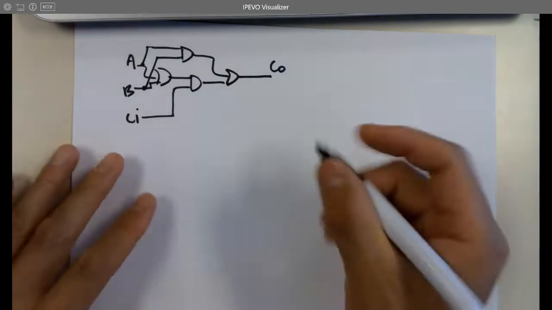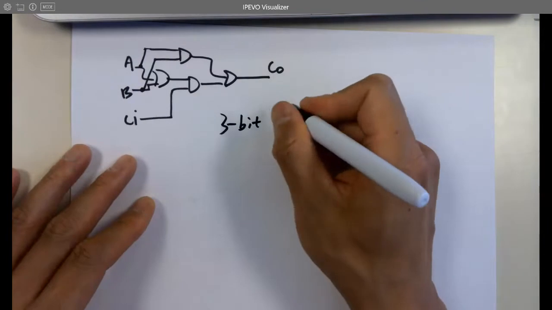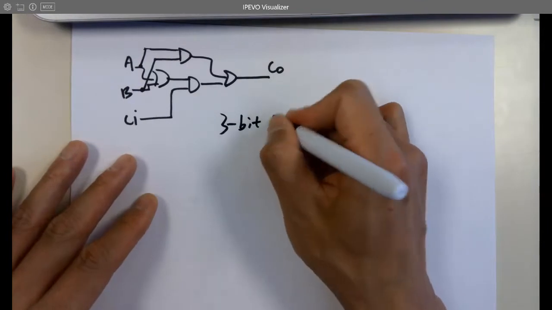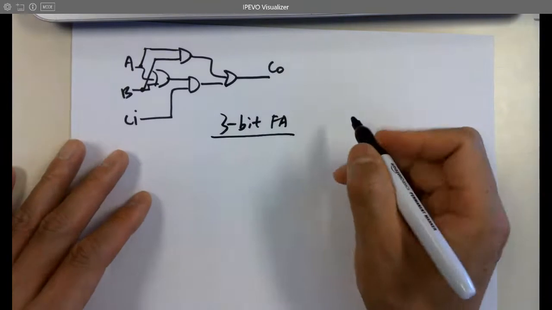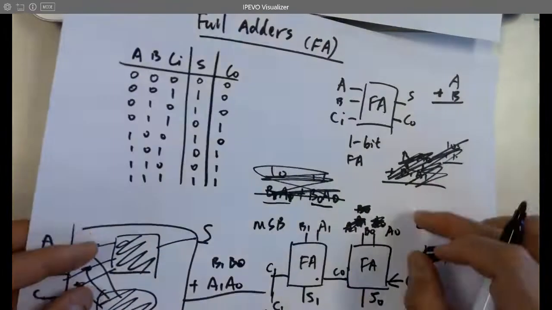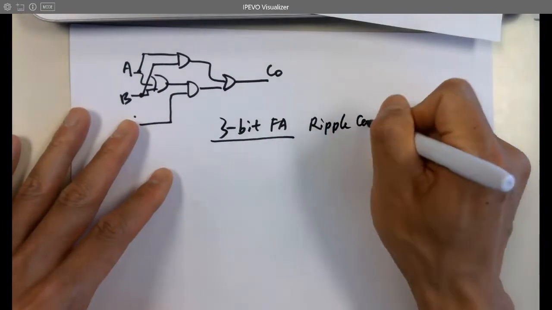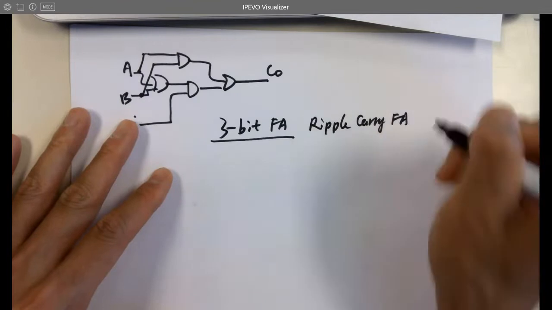So let's see a 3-bit adder, since this is something we're going to build in the homework assignments or in the lab. So the adder I just showed you here is called a ripple carry adder. Let me write down the name. Why?